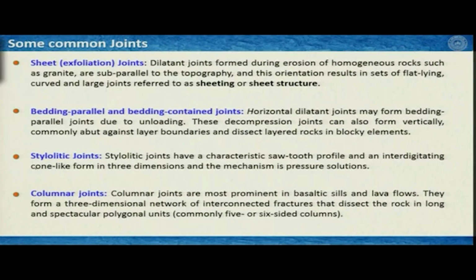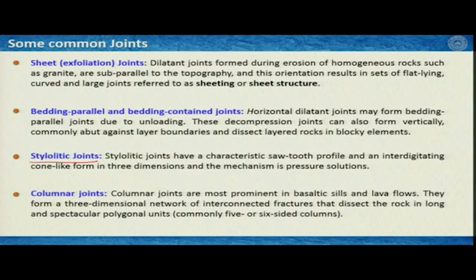We have learnt about stylolites in one of the previous lectures when we were talking about diffusion creep. So stylolites are actually kind of joints, and stylolitic joints have a characteristic sawtooth profile. In other joints the surface is more or less straight and flat, except for plumose related undulations or rib related undulations, but stylolitic joints are essentially different because these are amalgamated.